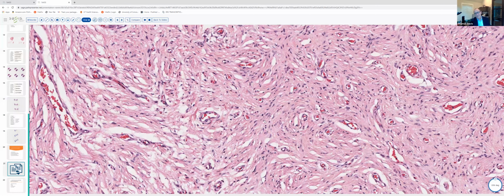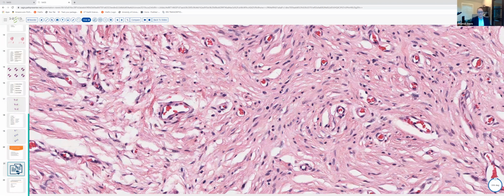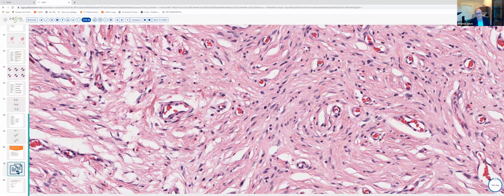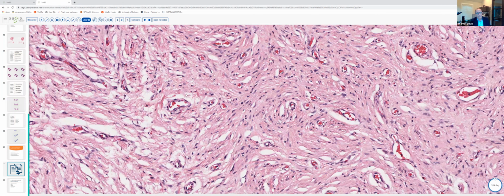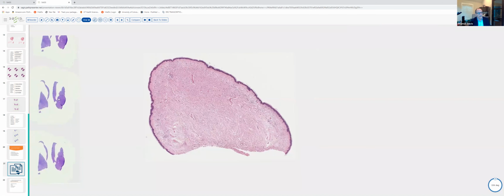Compared to the spindle cells that comprise the leiomyoma we looked at, these are very delicate with tapered ends, and we've got a few scattered mast cells here as well. These are evenly spaced, and this is, of course, a very characteristic appearance for a neurofibroma. So we've got JXG, neurofibroma.